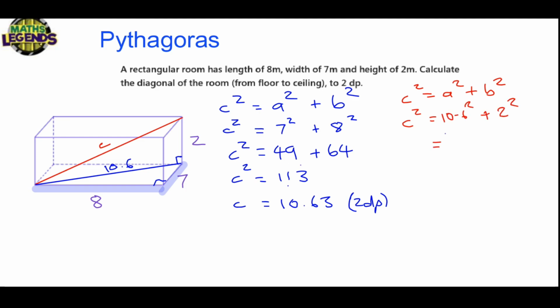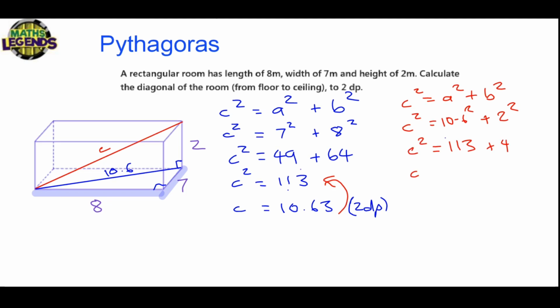So we simplify, while 10.6 squared is reversing over here, so we know that's 113 plus 4. So this simplifies to c squared equals 117, which when simplified gives us c equals 10.82, 2 decimal places. And that is the answer to our question to calculate the diagonal of the room.